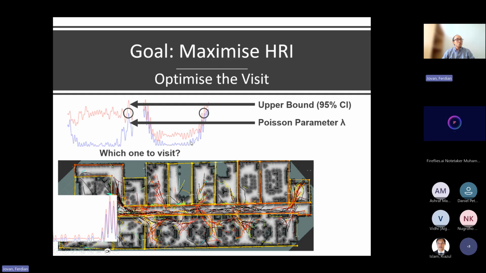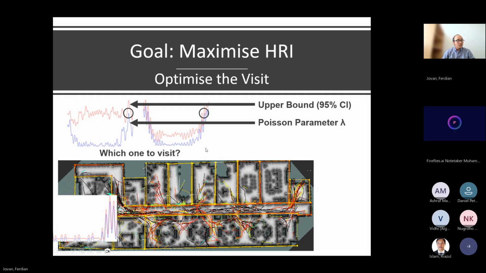And because this is a distribution, you can expect that there is a variance. The distribution is not a point estimate, so we use the variance information to create an upper bound. There is also a lower bound, but we only use the upper bound. In this case, the upper bound is represented by the red line here, the 95% credible interval.